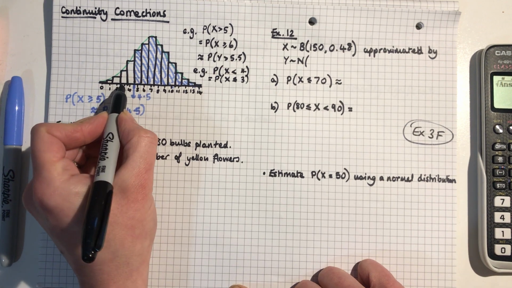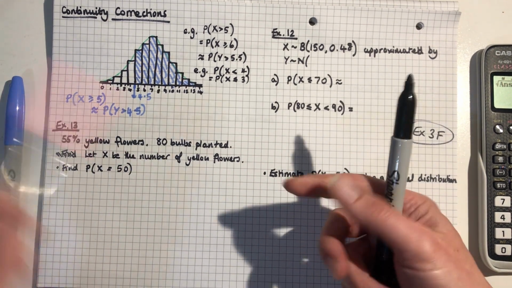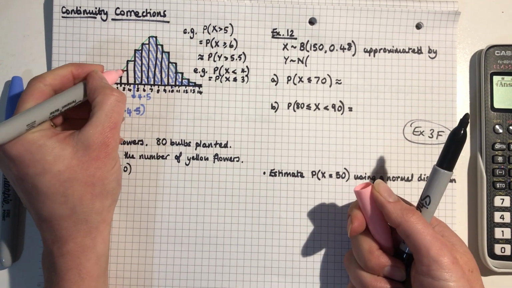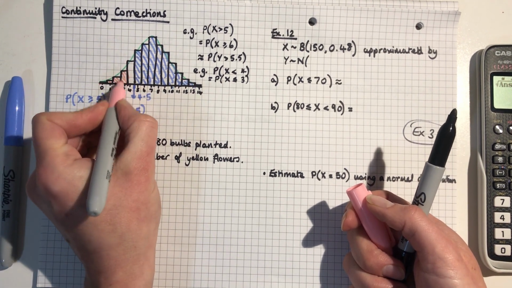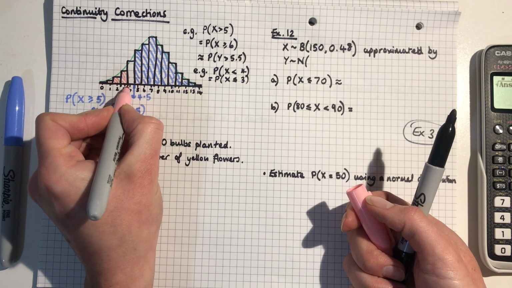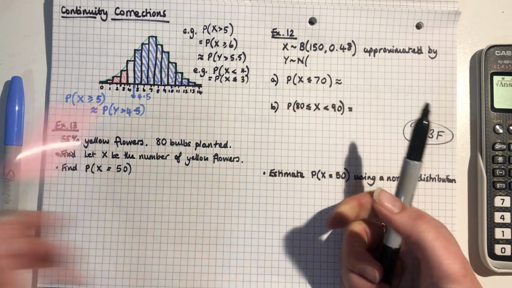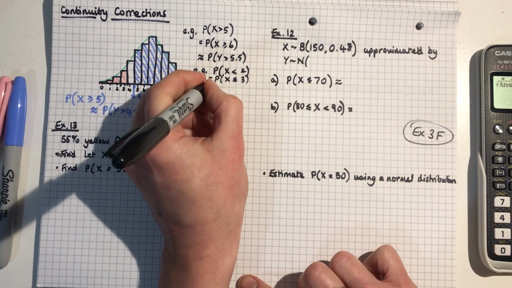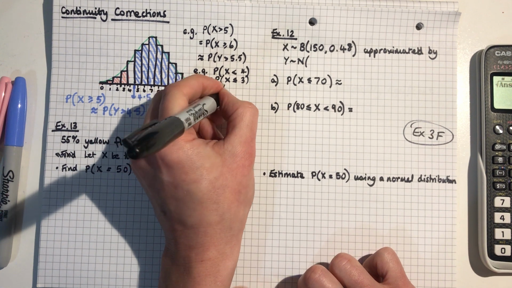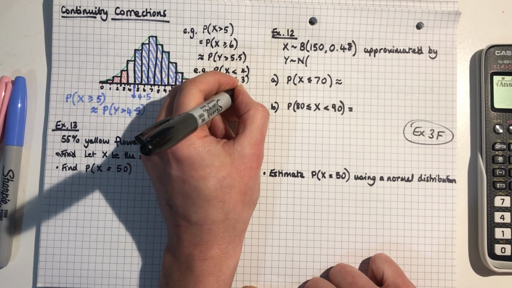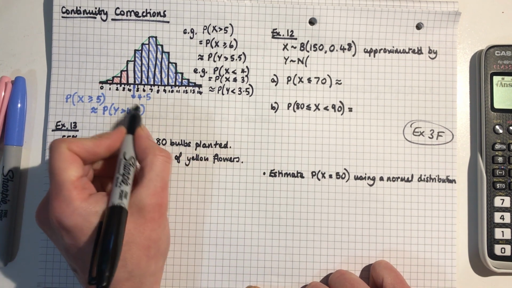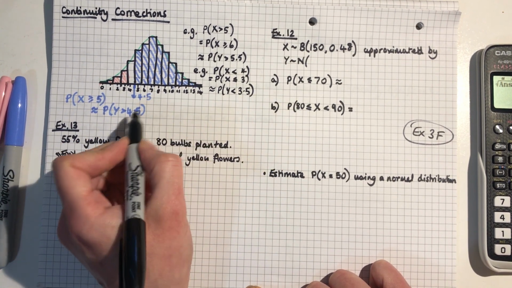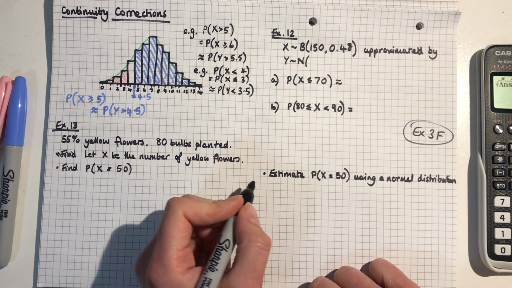On this diagram here, less than or equal to 3, let's do it in a different colour, would be that bar, that bar, that bar, and down. But this bar at 3 includes all the way up to the upper bound of 3 there, which is 3.5. So we would approximate that with the probability that y is less than 3.5. And this, where we take the upper or the lower bounds, is called a continuity correction.